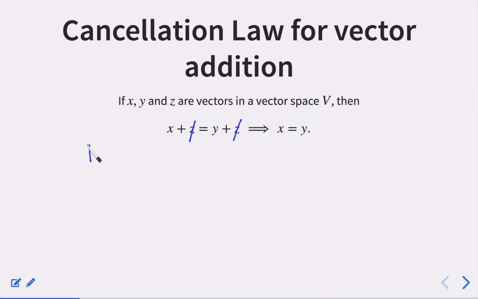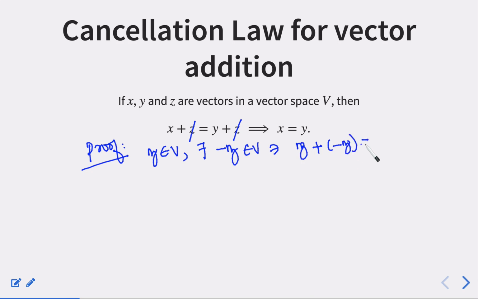What is the proof? We can prove this very easily. It's quite simple. I know that for every z in V, there exists minus z in V such that z plus minus z equals 0.